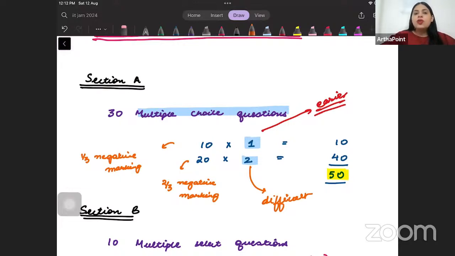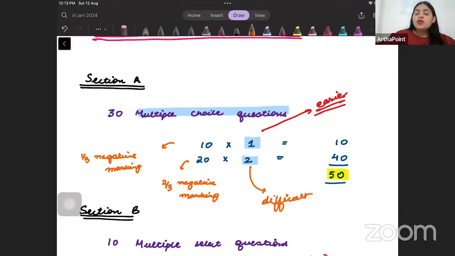If you look at this, you will understand that ultimately 50 marks are just for Section A. It is a very big thing, because the cut-off is not that high, so 50 marks are automatically dedicated to Section A. Now what is the issue? The issue is that negative marking is involved. For the 1 mark questions there is 1/3 negative marking, meaning if you answer wrongly, 1/3 marks will be deducted.